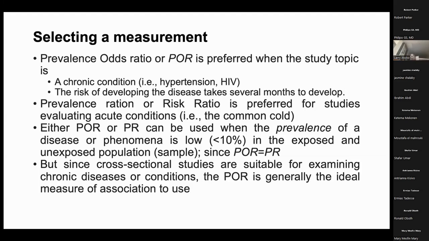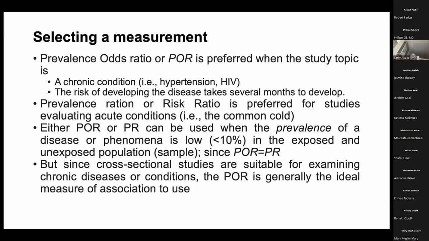Since cross-sectional studies are suitable for examining chronic diseases or conditions, then prevalence odds ratio is generally the ideal measure of association to use over the prevalence ratios that we have just learned about.